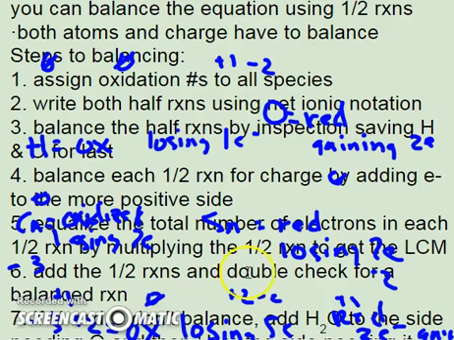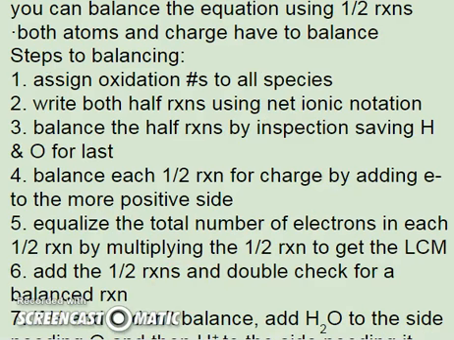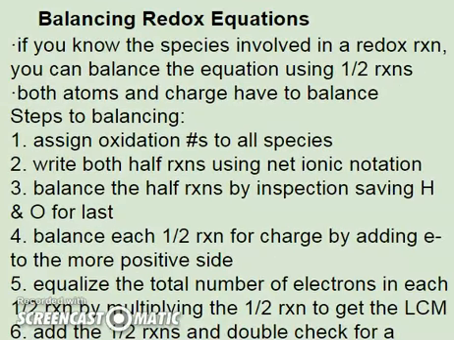So then, as far as balancing them, the reason you would balance using oxidation reduction is sometimes inspection just won't get it balanced. If you know the species involved in a redox reaction, you can balance the equation using the half reactions, and you balance each half reaction and then combine them to balance the whole reaction.